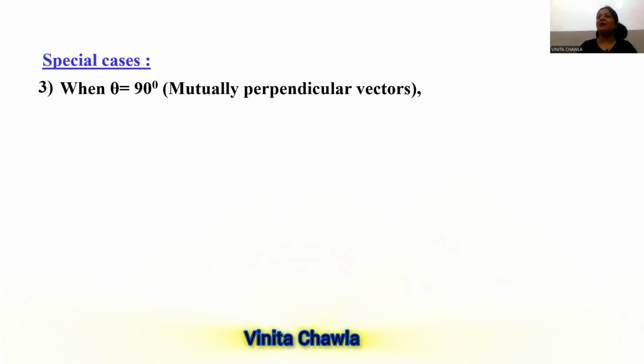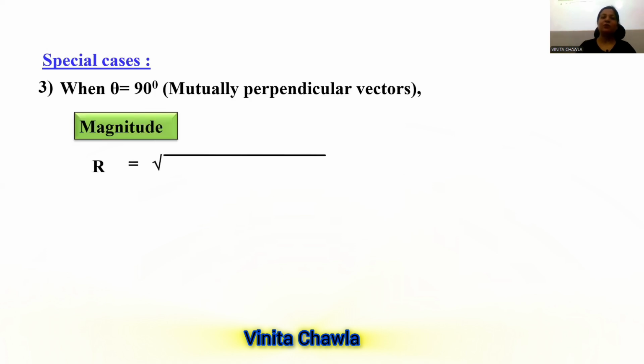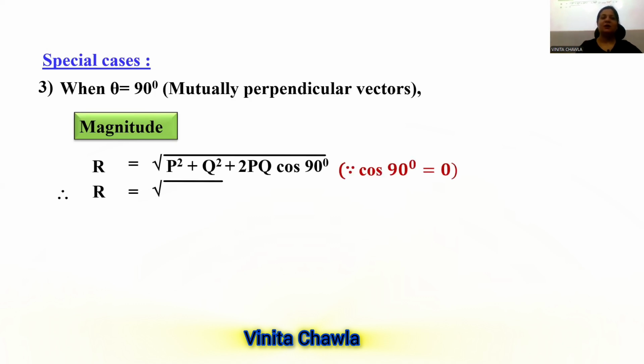What if the vectors are mutually perpendicular? If theta is 90 degree, we can write the magnitude with the same formula. Put cos 90 degree, which is 0. So we get R as the square root of P square plus Q square.